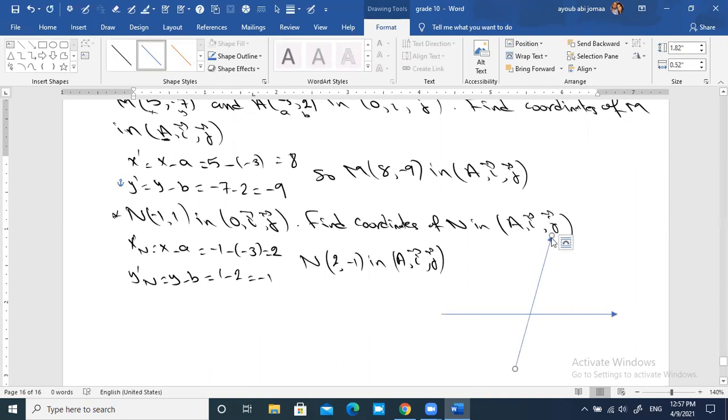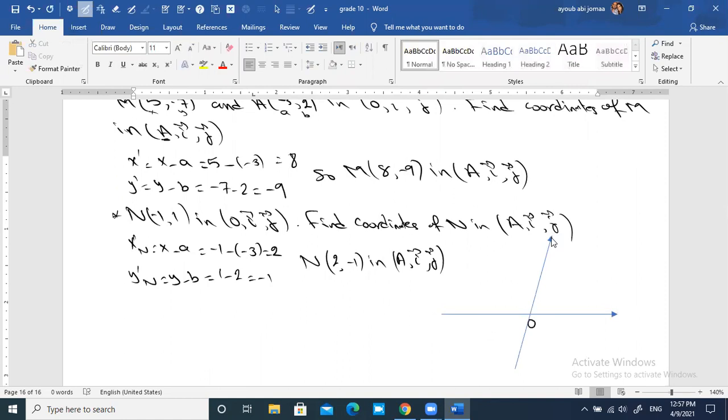This is the old system, O. This is I, and this one is J. Point A has the coordinates -3, 2.